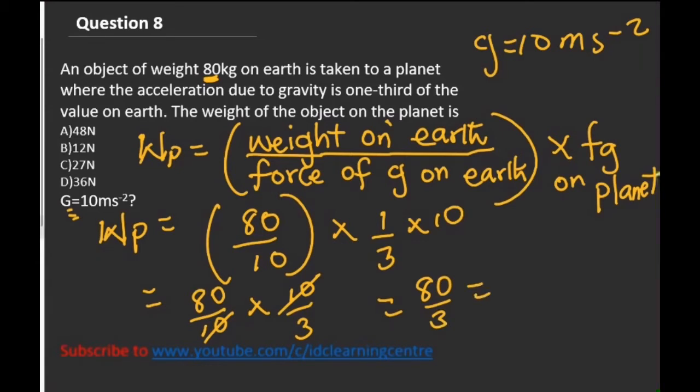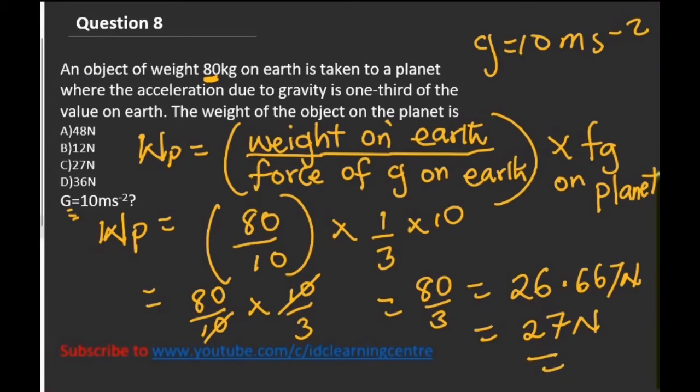So this will give me 26.667 Newton, which is approximately 27 as a whole number, 27 Newton. So the right answer is C, which is 27. The way I approximated, since this is more than 5, call it 1, add it to the 6, it will become 7, that's 27.